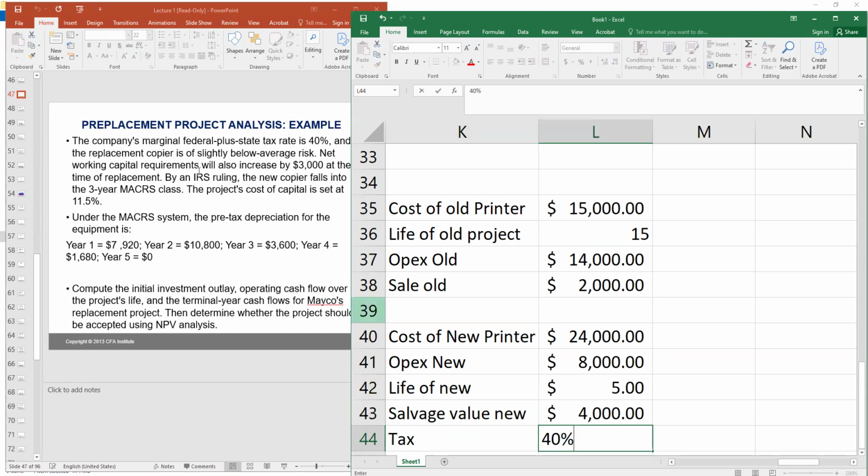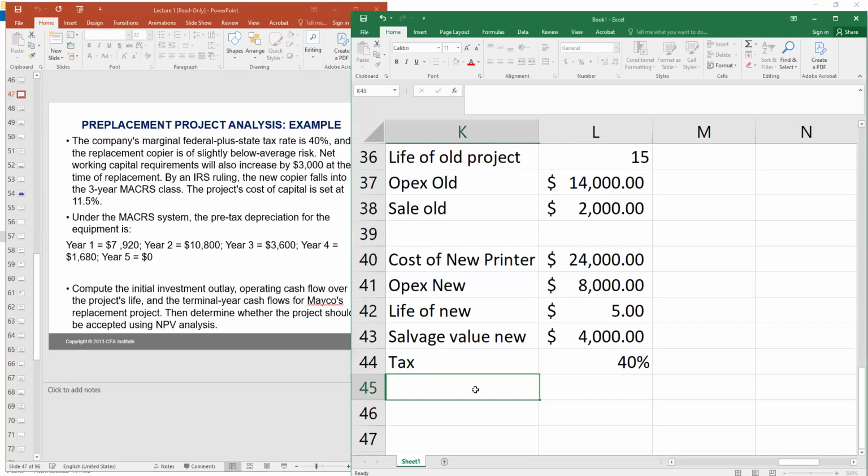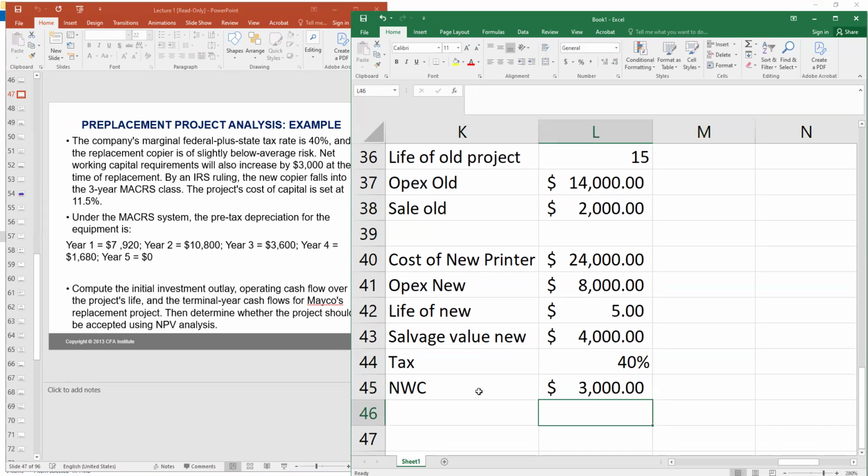And the replacement copier is slightly below the average risk, so the net working capital requirements will also increase. So we have net working capital too. Net working capital, 3,000. Okay. And by IRS ruling, the new copier falls into the 3-year MACRS class.